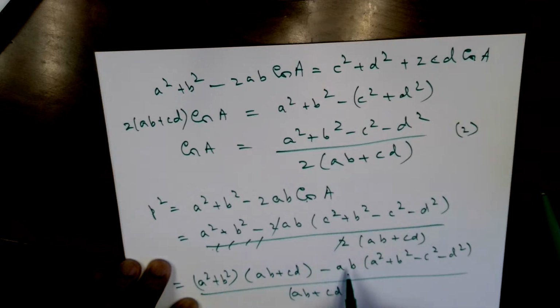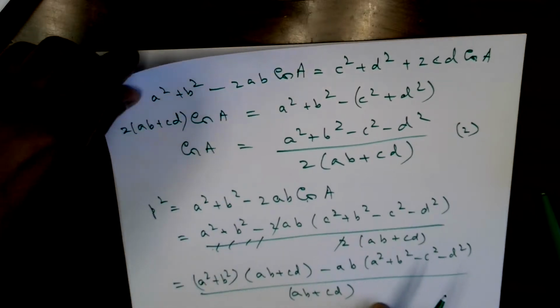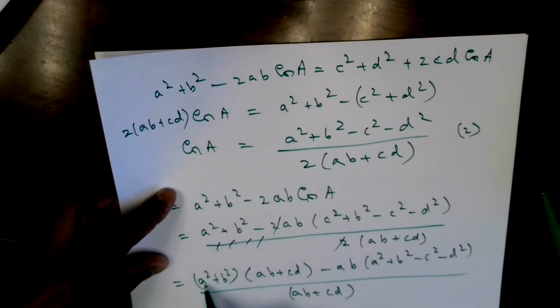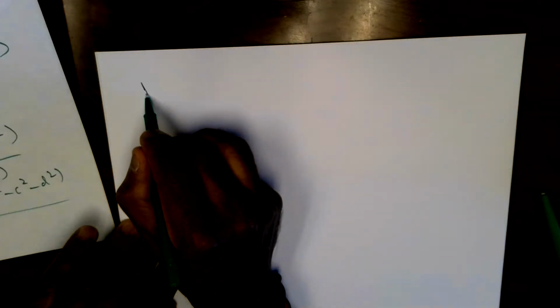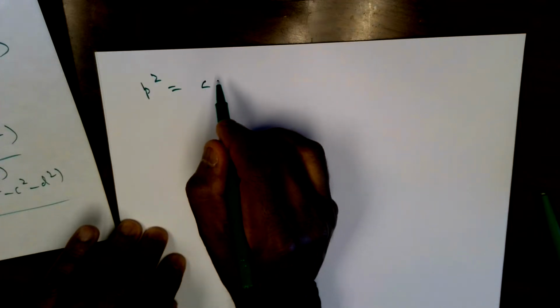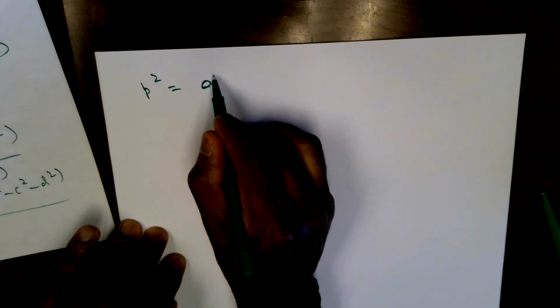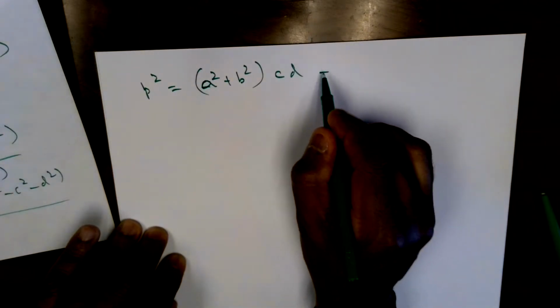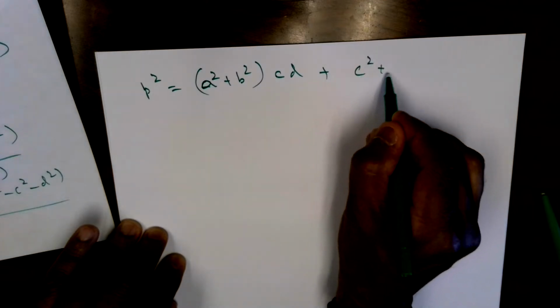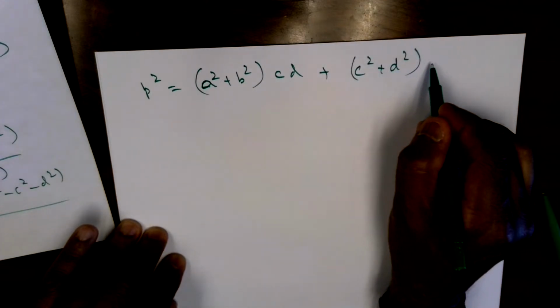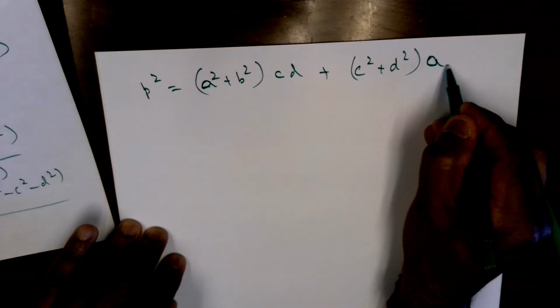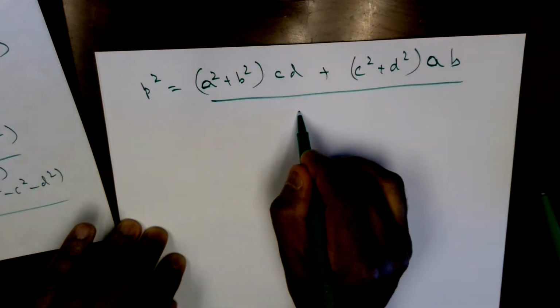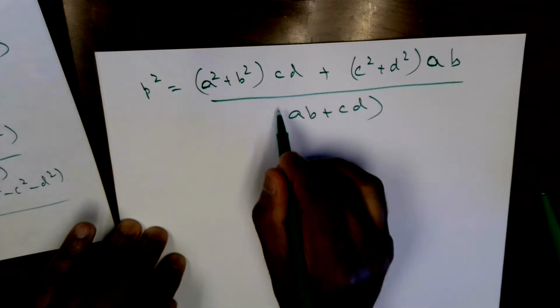Notice that AB multiplied by A squared plus B squared is common, and it cancels out. So we get P squared, which is (A squared plus B squared) multiplied by CD plus (C squared plus D squared) multiplied by AB, divided by AB plus CD.